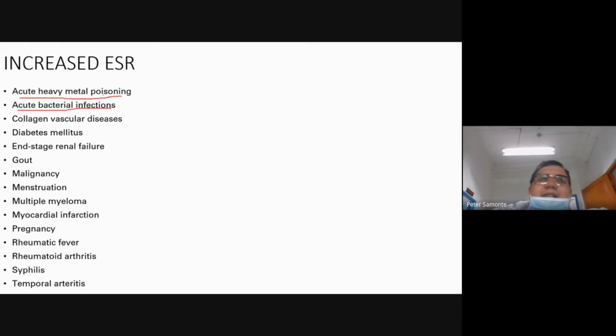So let's discuss this too. Acute heavy metal poisoning. An example of this would be lead poisoning. So si lead poisoning kasi, if you would recall, could cause macrocytosis, and that could lead to a bigger red blood cell, and that would lead to faster settling.